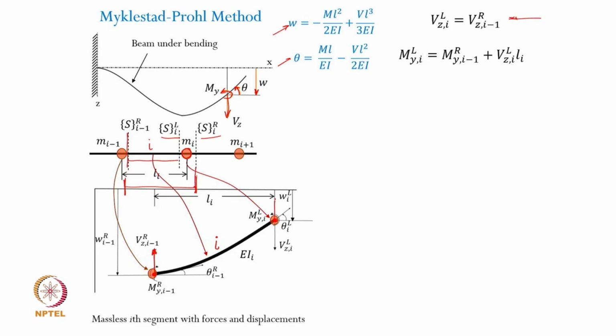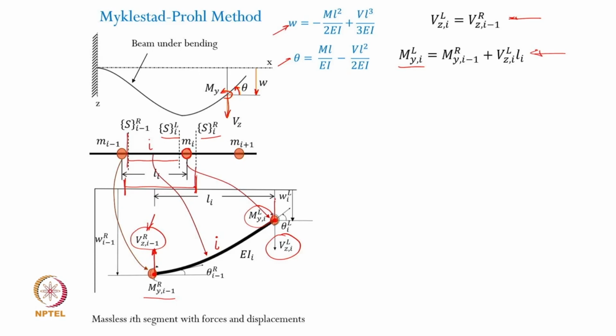So the shear force on the left of the ith segment, that is this shear force, will be equal to this particular shear force, whereas the moment on the left of the ith mass, that is this moment, obviously will be equal to the moment on the other side plus the moment created because of this existing shear force, right. So obviously this equation will be the moment balance equation for that segment, and these two equations are basically the equations arising out of the static force balance.